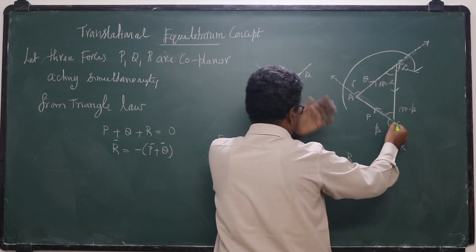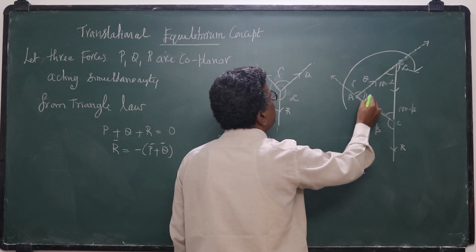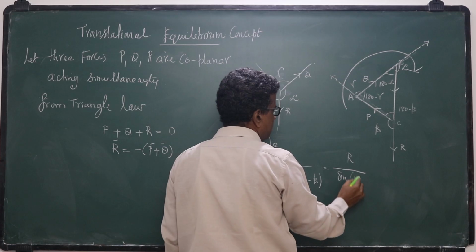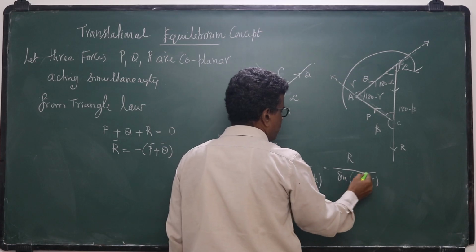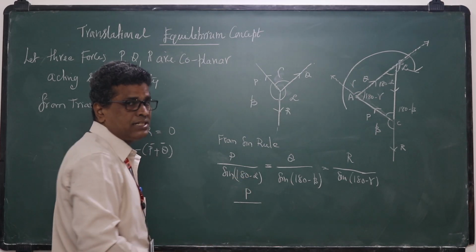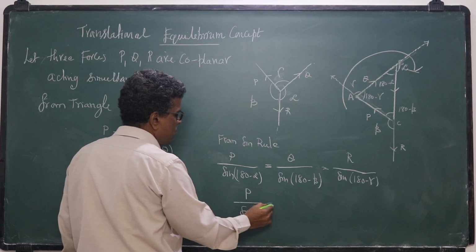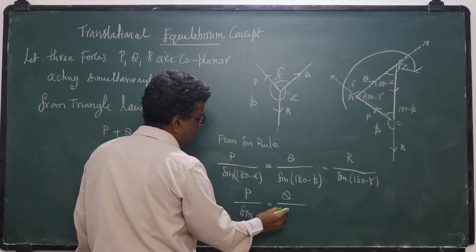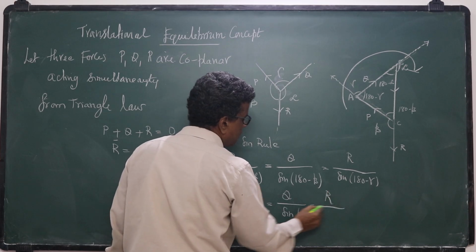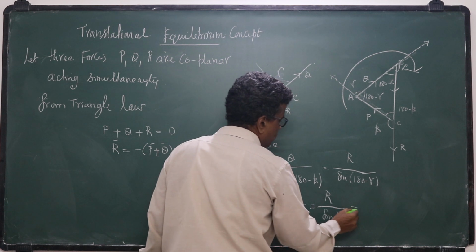If this is gamma, this becomes 180 minus gamma, so R by sine of 180 minus gamma. Sine of 180 minus alpha becomes sine alpha. So P by sine alpha, Q by sine beta, is equal to R by sine gamma, which is equal to a constant.